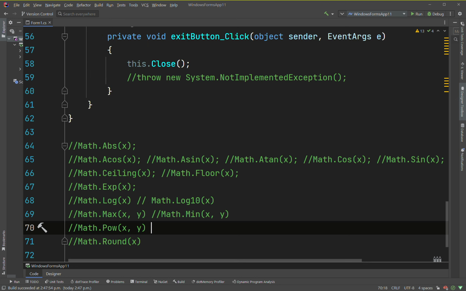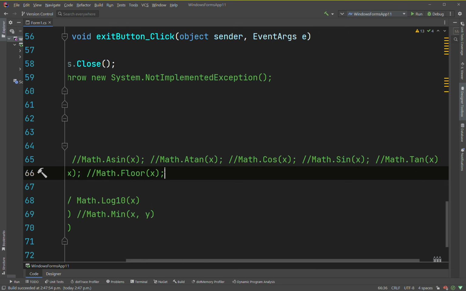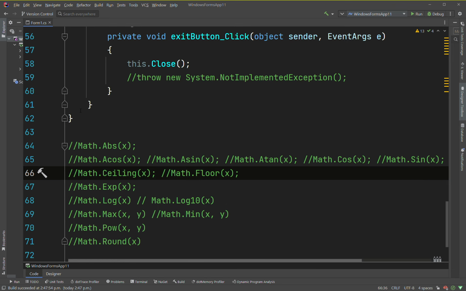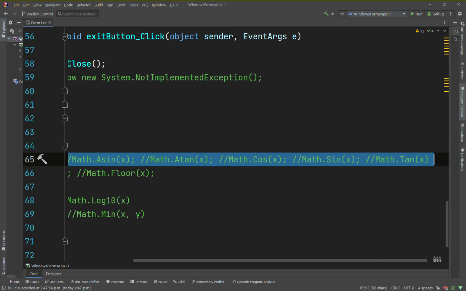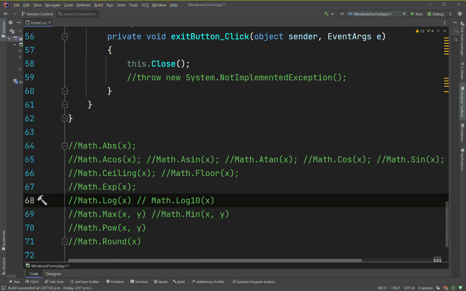Alright, so anyways, we have 6 of these, so you have to remember that if you get tested on it, there's 6 of those angular Math functions or methods. So you just remember cosine, sine, tangent, and then arc cosine, arc sine, and arc tangent.